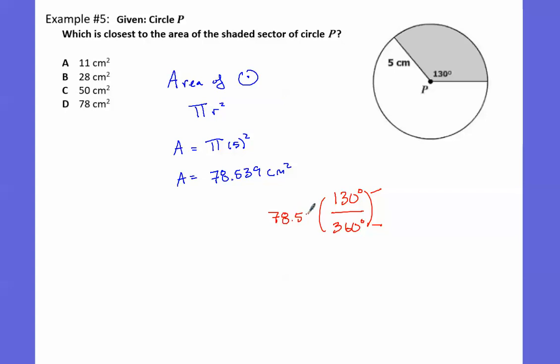We would then take our 78.539, multiply that by the fraction 130 over 360, and we would have only an area of 28.36 centimeters squared. We're only talking about this section here, which is 130 degrees of the 360. And we find that the closest answer would be option B.